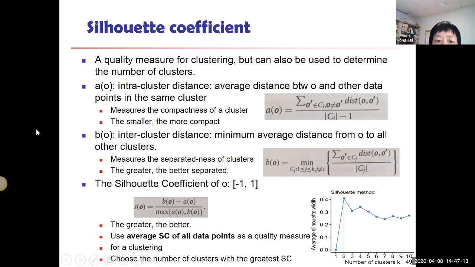And then we combine this a(o) and b(o) and formulate this silhouette coefficient, also called silhouette width, for one data point. Silhouette coefficient ranges from -1 to +1. So what we see here is, the greater this value is, the greater b is and the smaller a is. So that's the ideal best clusters that we want to get.